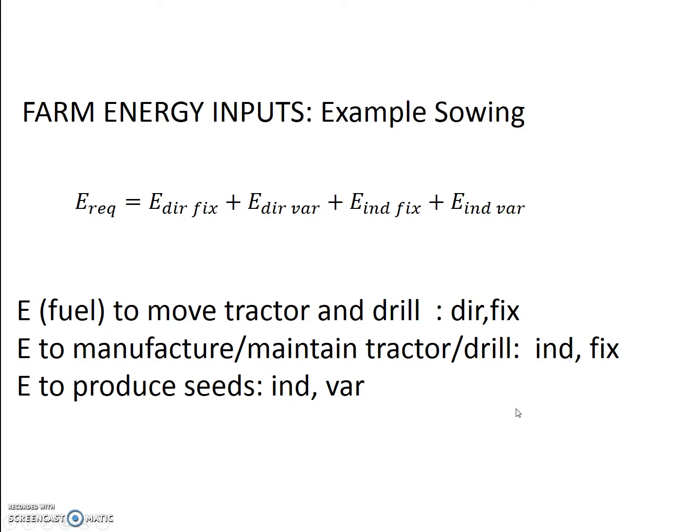For instance, if we consider sowing as an agricultural activity, we first need to move the tractor and the drill, and the energy used for it, usually coming from fuel, will be direct because it is spent at the time of sowing, and also it's fixed because it doesn't depend much on the expected yields or the amount of seeds that we're gonna put.